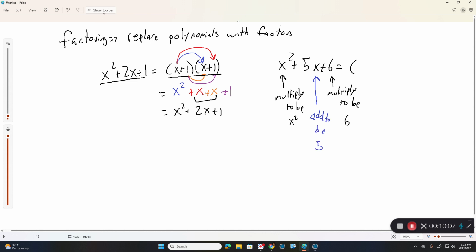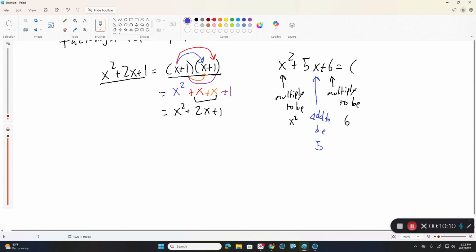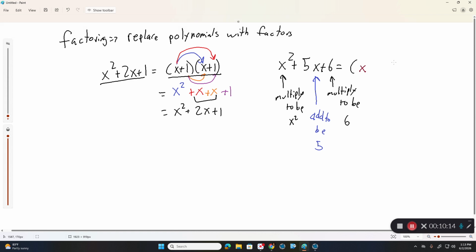So let's get some base case out of the way, and hopefully this is something you talked about in your pre-calculus classes. I'm going to say there's going to be an x and an x. Notice x times x multiplies to be x squared. We're good. Now, what's going to multiply to equal 6? So 6, I have 1 times 6. I also have 2 times 3.